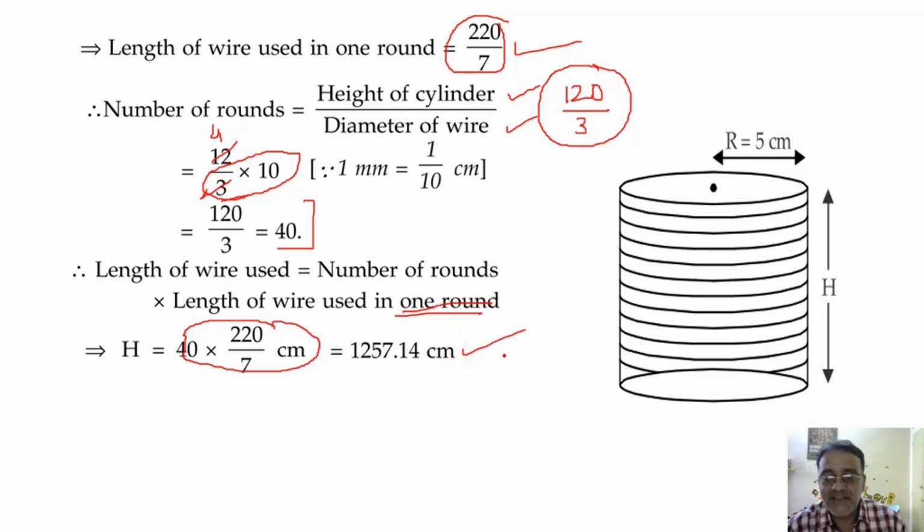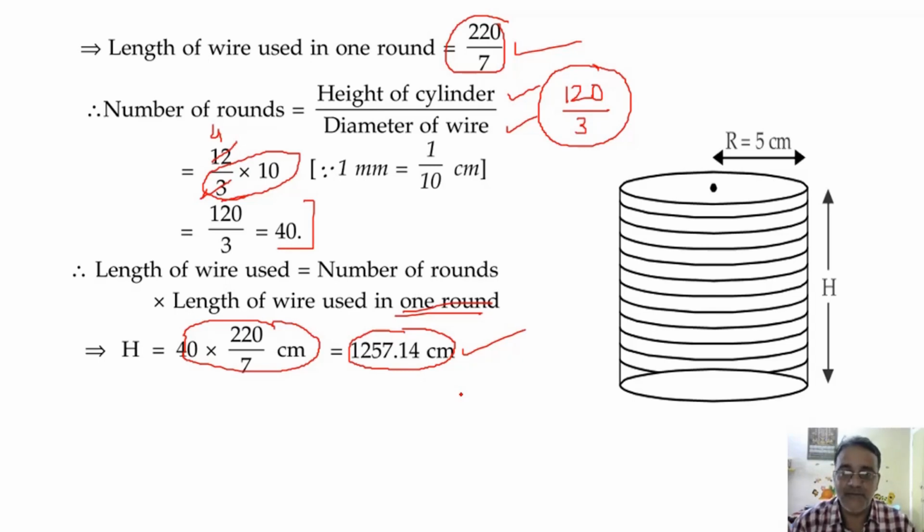But in NCERT, the answer is given according to pi equal to 3.14. Actually the value of pi is not given, so that is why I took 22 by 7, and according to 22 by 7 the answer is 1257.14 centimeter. This is the length of wire.